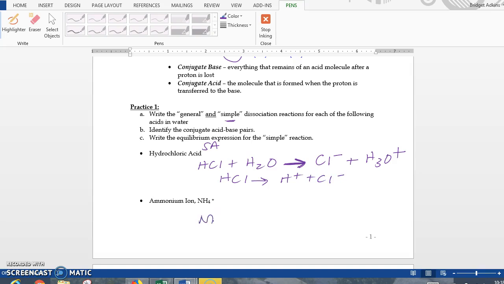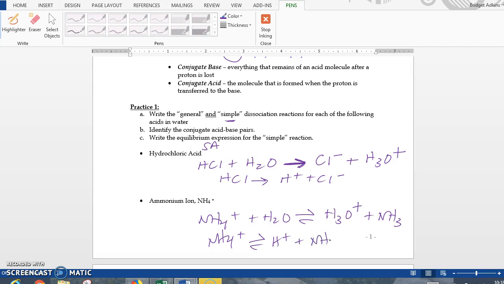For the ammonium ion, NH4 plus in water, okay, this is a weak acid, so it'll give up its H and form H3O plus, and then NH3 will be left.